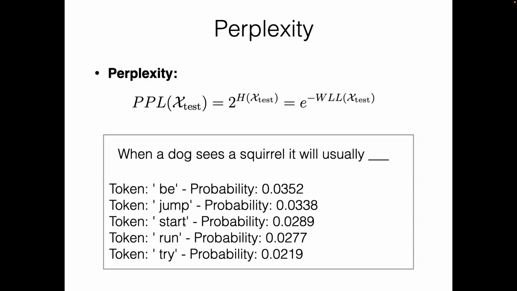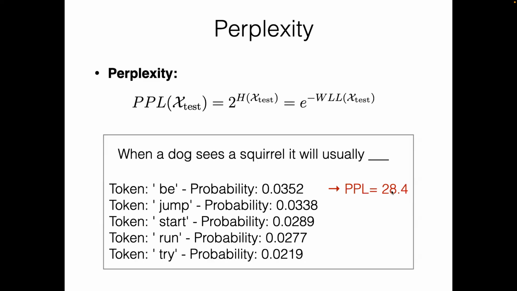But anyways, here you have these different possible tokens, and if you look at the probabilities, they might look like this. And the perplexity number will look like this. You can see that the scale has changed.